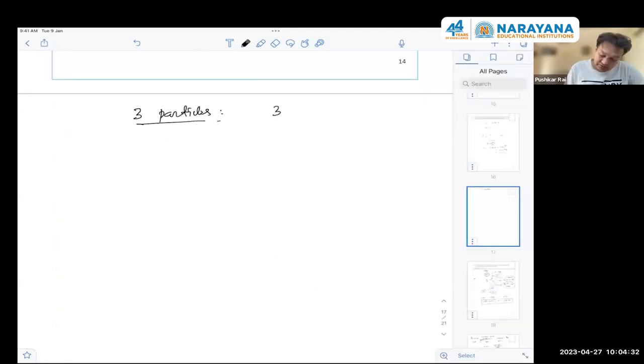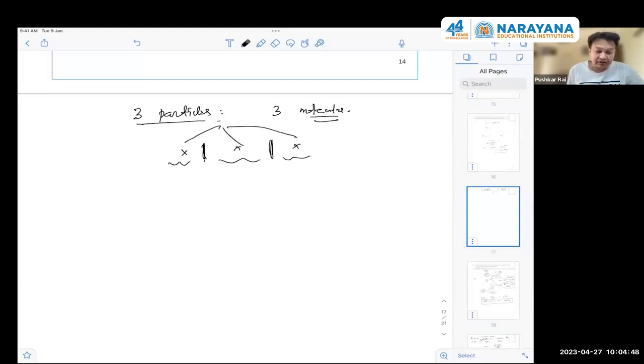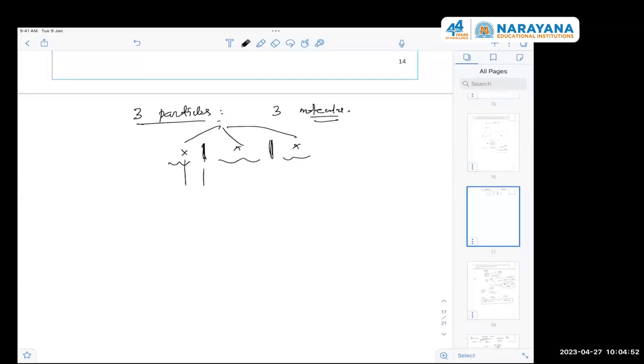And I have 3 molecules. Now, how many ways can I distribute the energy? I'll write like this. These are the 3 particles and these are the partitions. This is molecule 1, molecule 2, molecule 3. So what is the number of ways? How many objects are there? 1, 2, 3, 4, 5.